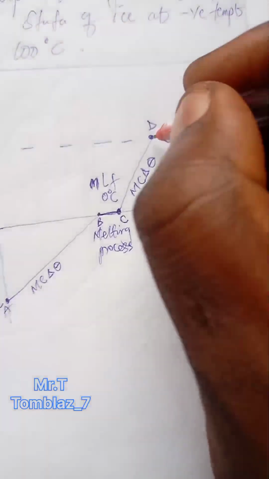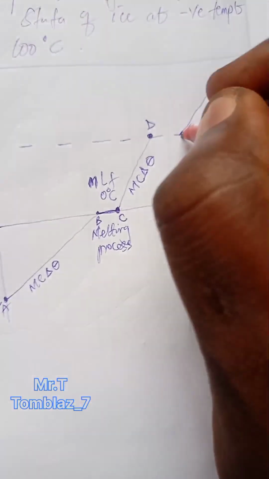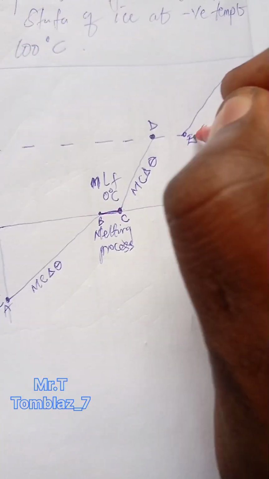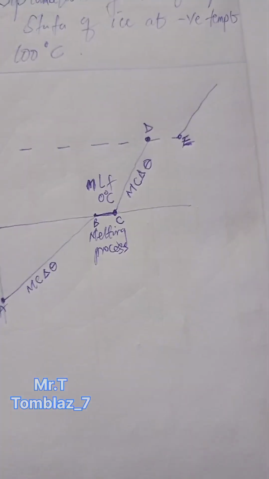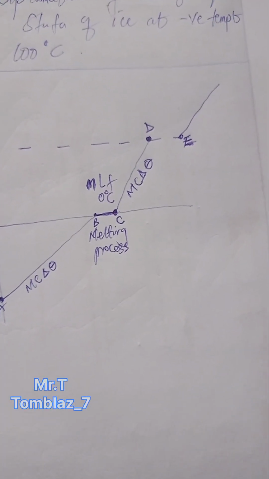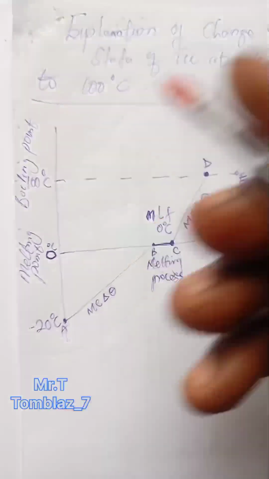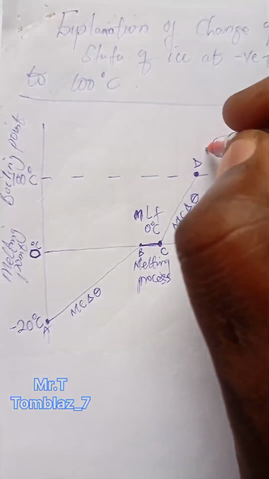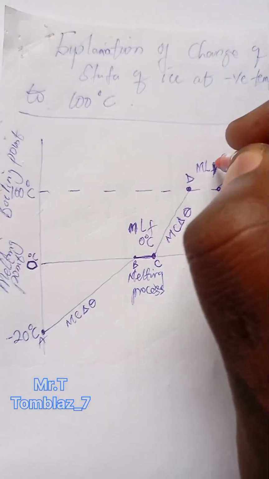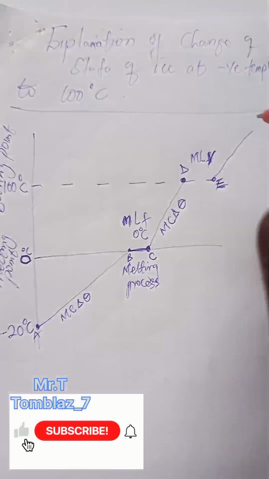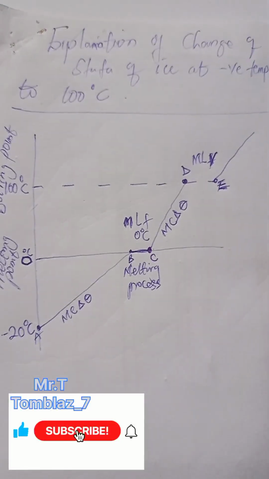Now at this point D to E, there is another heat that will heat the water, but it will still remain at 100 degrees centigrade. The temperature will not change. That heat is called MLV, pardon me, MLV, right?